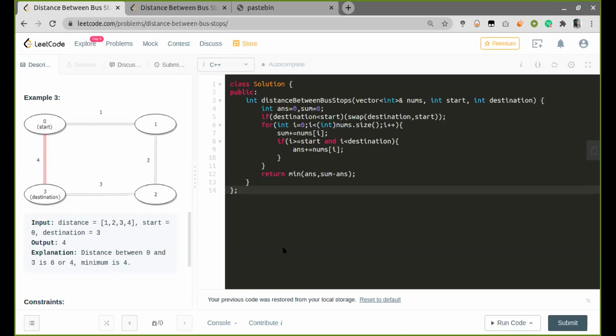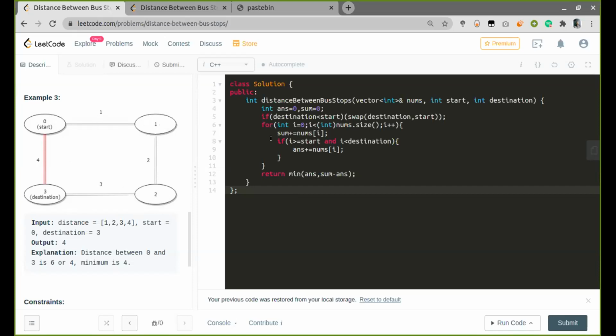Can you say it again? How would you do it for 0 to 3? So our destination is... Okay, so for 0 to 3, let me go from clockwise direction. So for clockwise direction, I will go from 0 to 1, 1 to 2, 2 to 3.